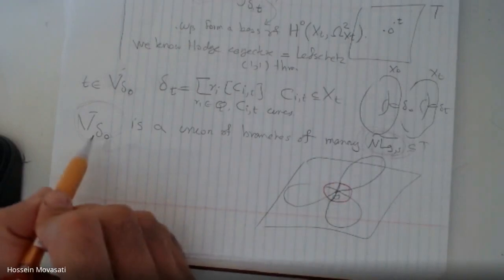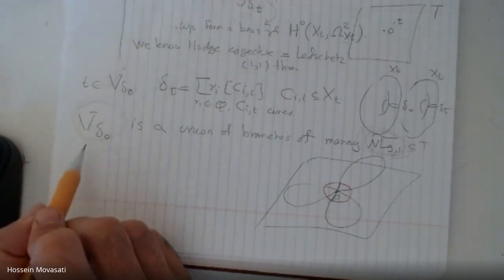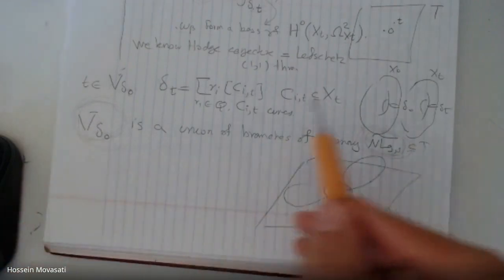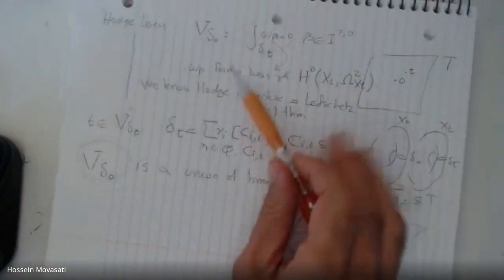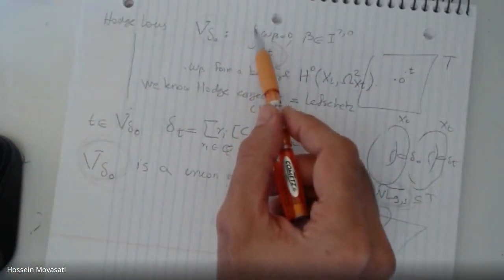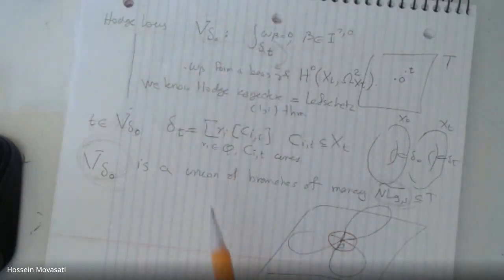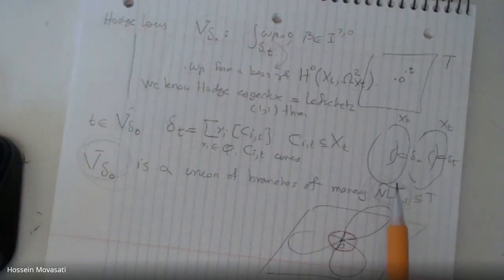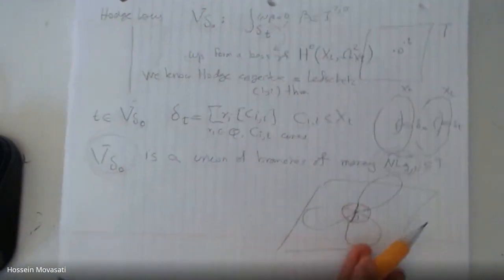And from another side, this V delta 0 has an analytic scheme structure, coming from the fact that its ideal is just the ideal generated by these integrals. And it's very curious: so far there is no result showing any relation between these two completely different scheme structures.